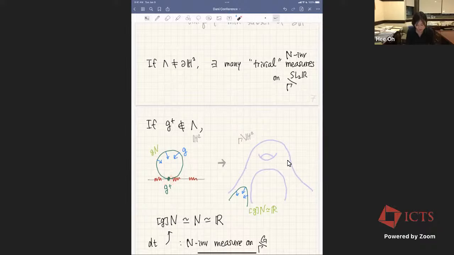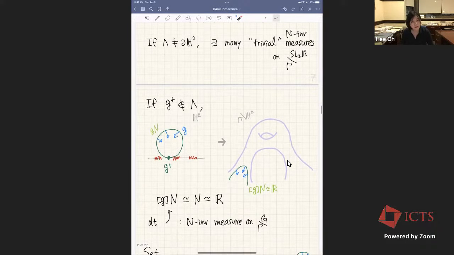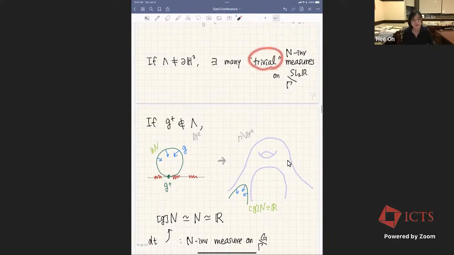It is in the boundary, and in fact this horocycle is isometric to the real line R. When the base point does not lie in the limit set, the image is again a proper isometric immersion of R. So we can simply put the Lebesgue measure on this horocycle, and that gives us an invariant measure, which is what we call a trivial N-invariant measure.